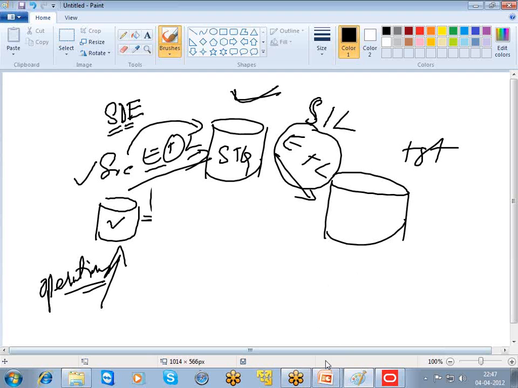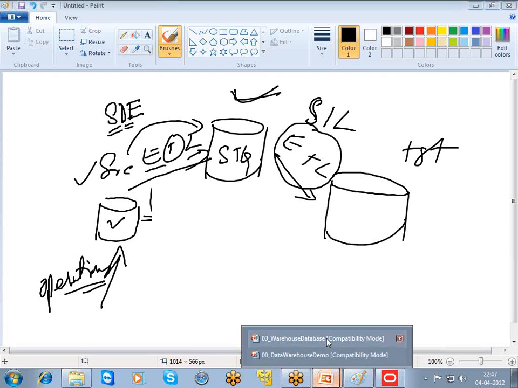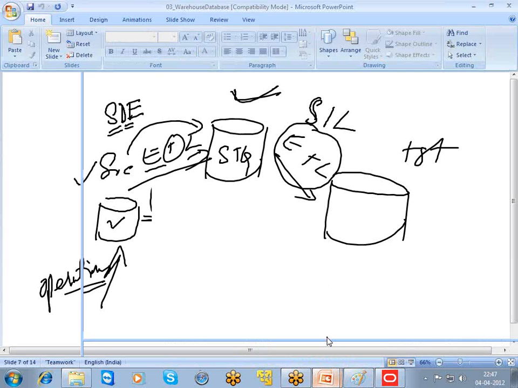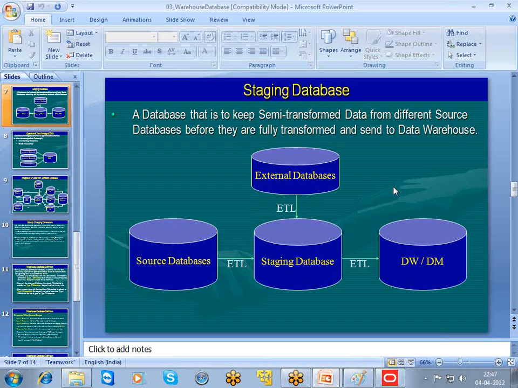Very clear. Staging is something we come across in these environments.